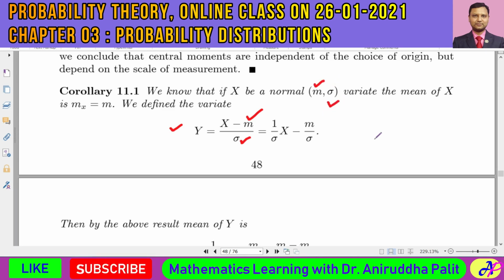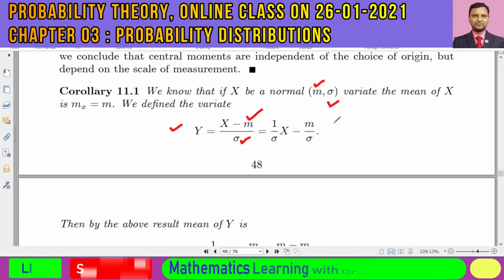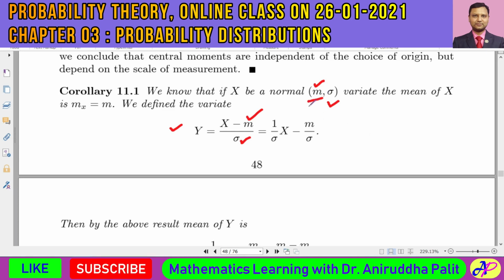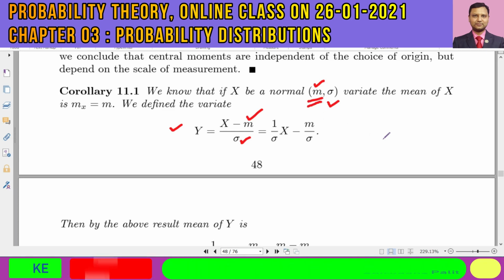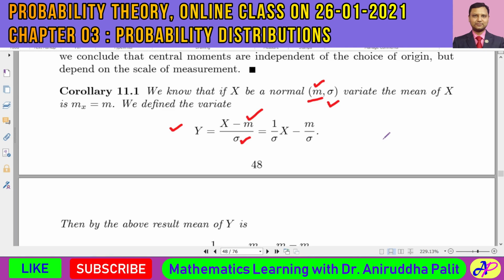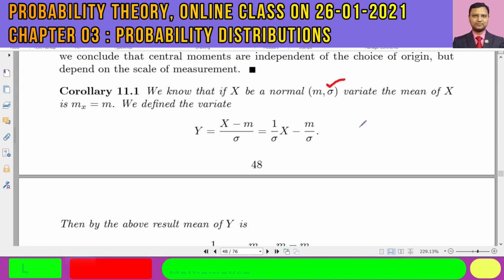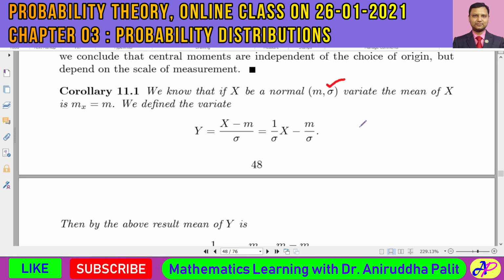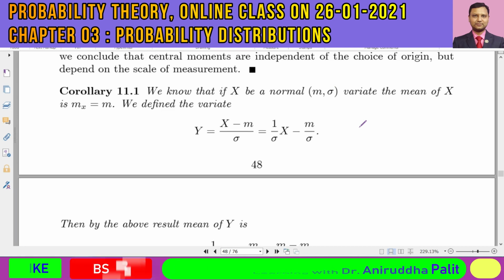Now we already got the interpretation of m. We already proved the result that m is actually the mean of the normal distribution. And today we shall also get the interpretation of sigma. But for the time being, we consider the normal m sigma distribution.